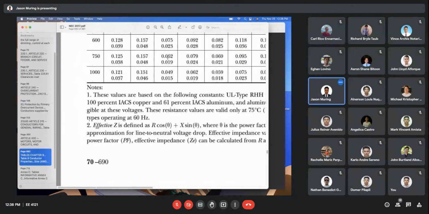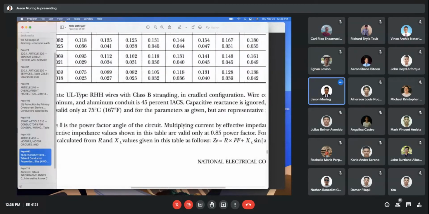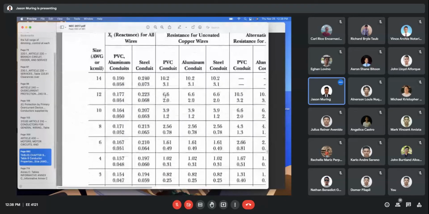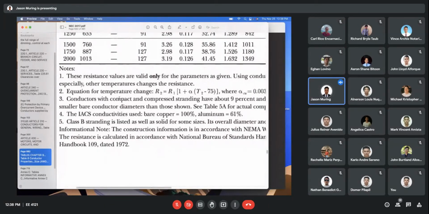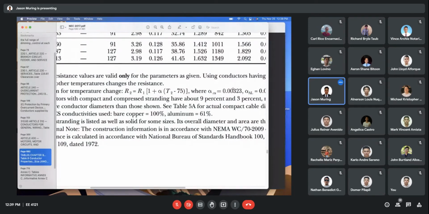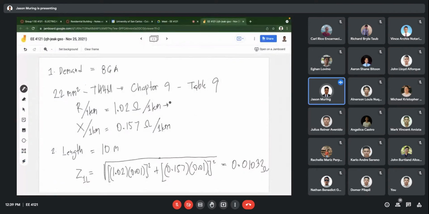Only the resistance will change because it is more affected by temperature. So we have this alpha, 0.00323 for copper.